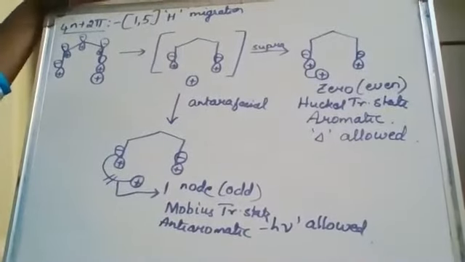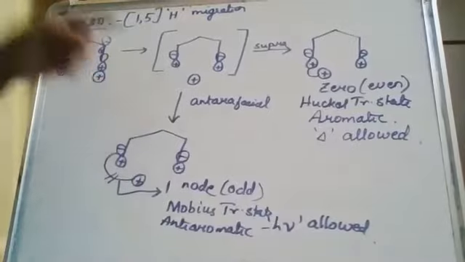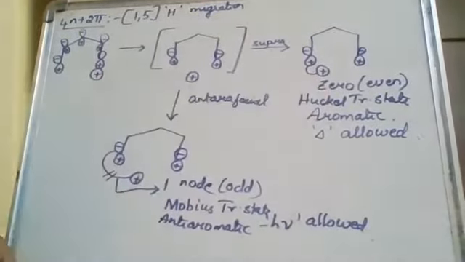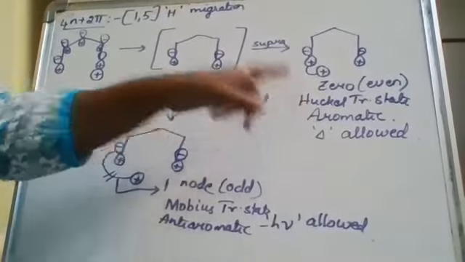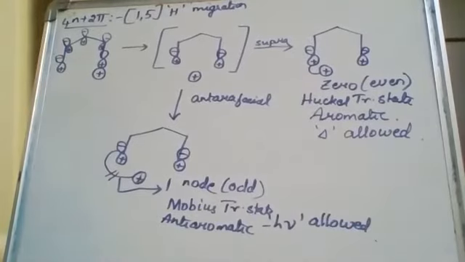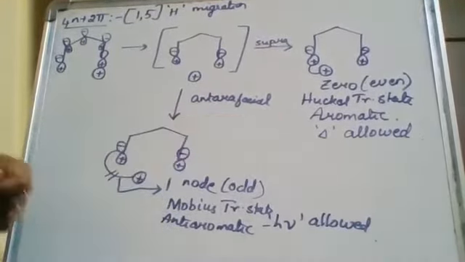Okay, I hope it is clear. 1,5 hydrogen migration, suprafacial migration involves zero or an even number of nodes. It is a Huckel transition state, since the molecule belongs to a 4n plus 2 pi system, it is an aromatic transition state, hence thermally allowed.